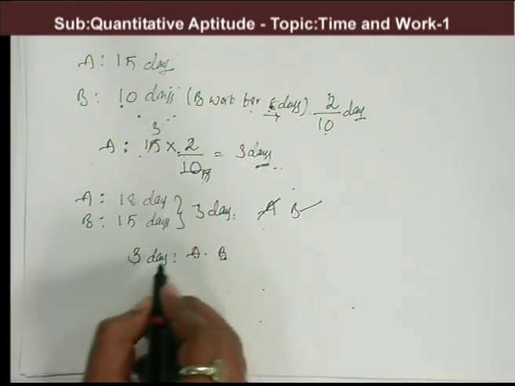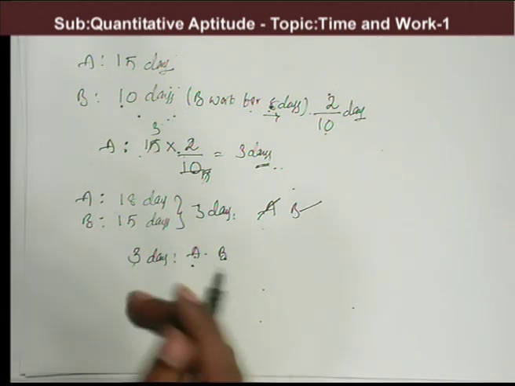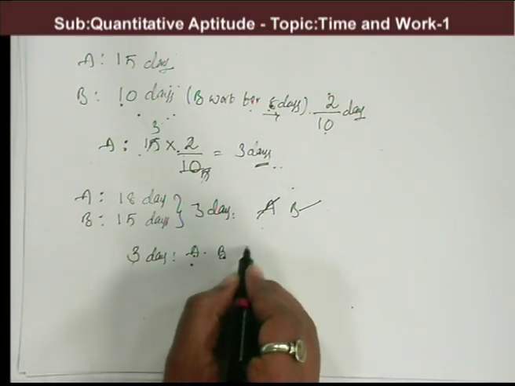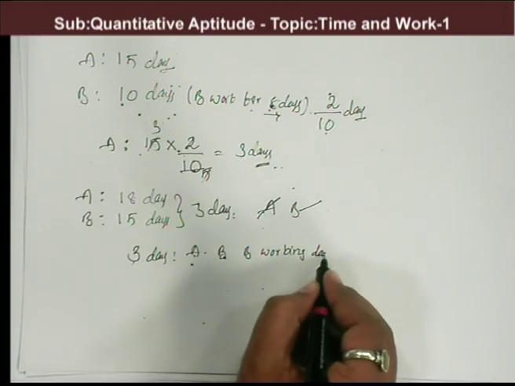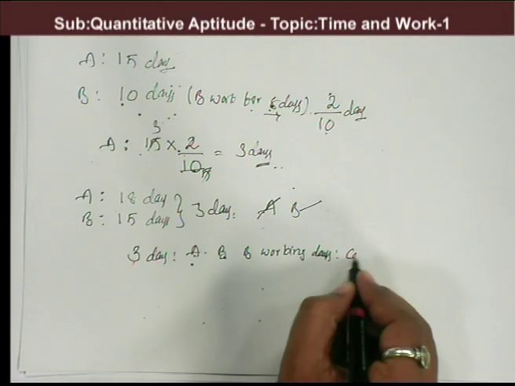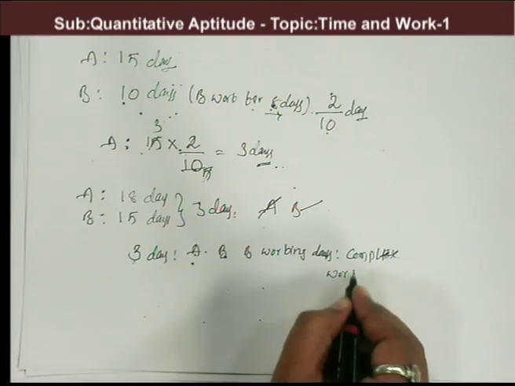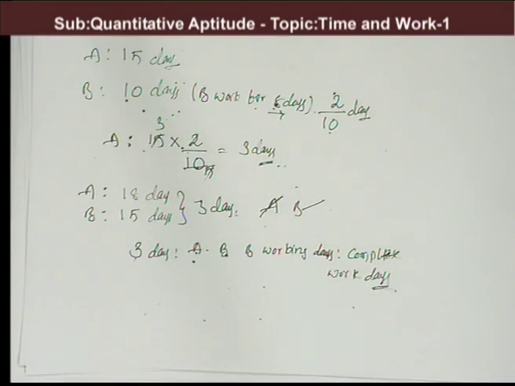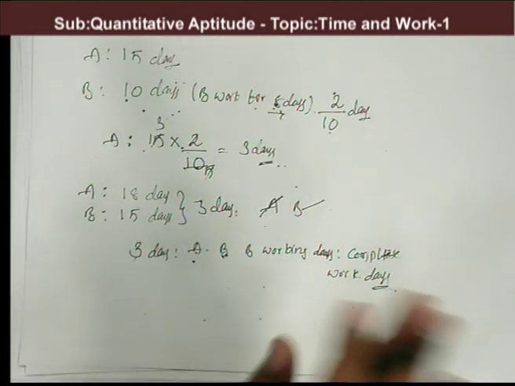The remaining work will be completed by B only. So how many days is B working for the whole work? That is our answer simply.